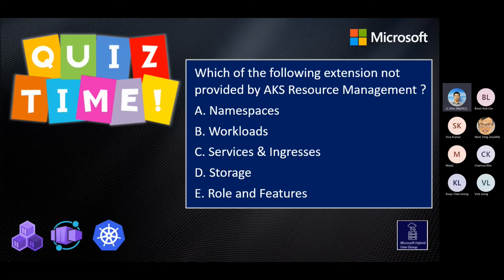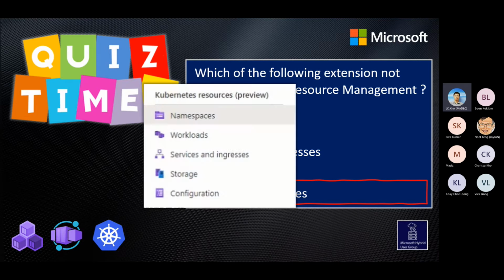Okay, I think VK got it right. Roles and features is not part of the extensions provided by the Kubernetes resource management panel. So the correct answer is namespace, workloads, services, storage, and configuration.